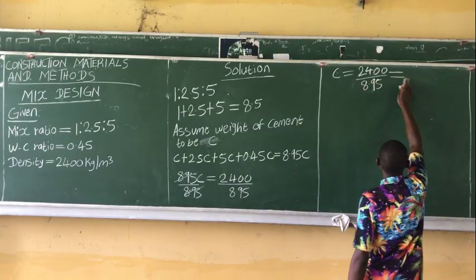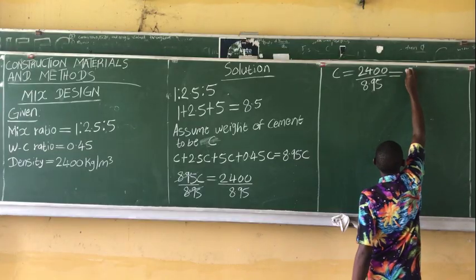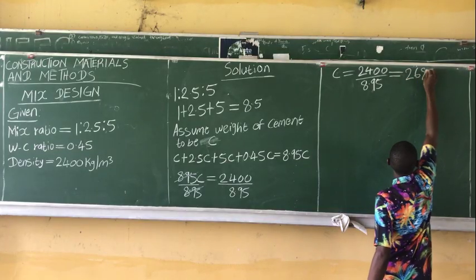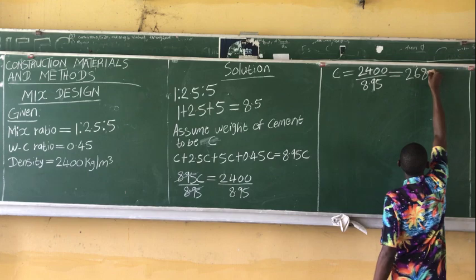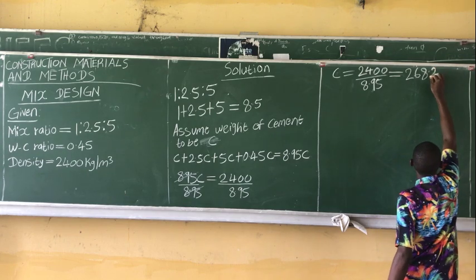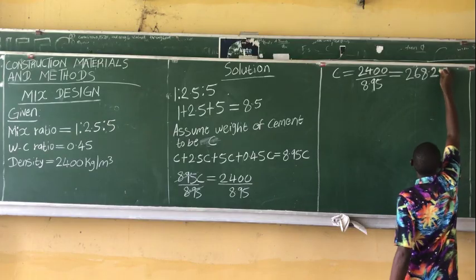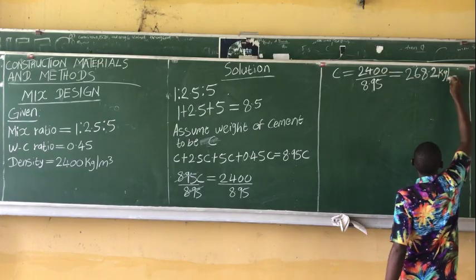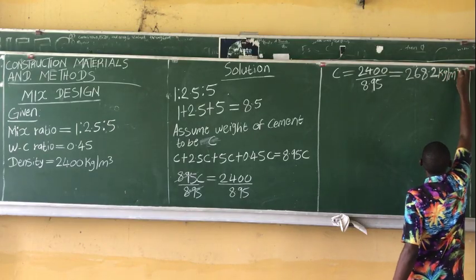So our C gives us 268.16. Let's take it to be 268.2 kilogram per meter cube.